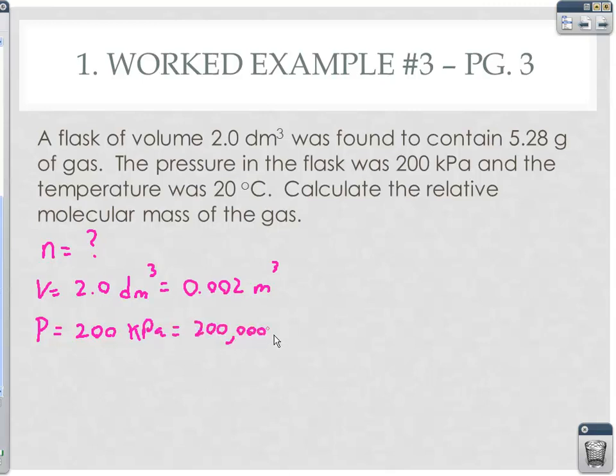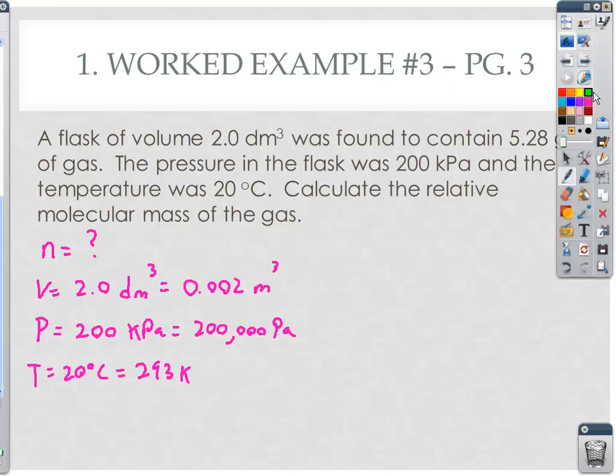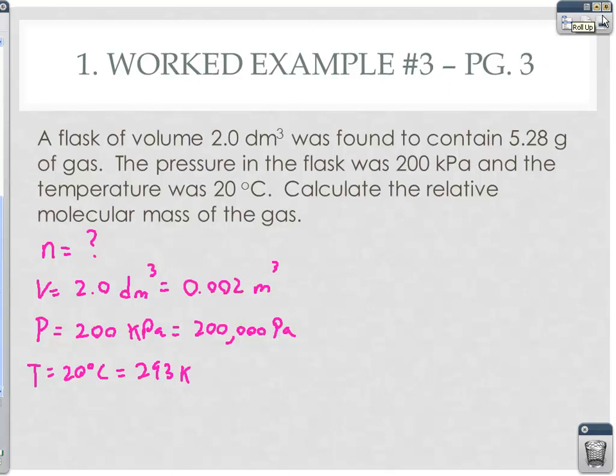We have pressure, 200 kPa, which equals 200,000 Pa. Temperature, 20 C, which equals 293 Kelvin. So we can plug in our values.